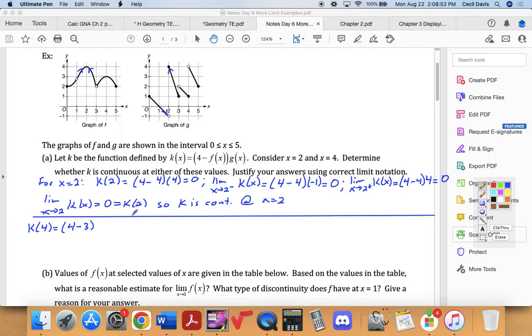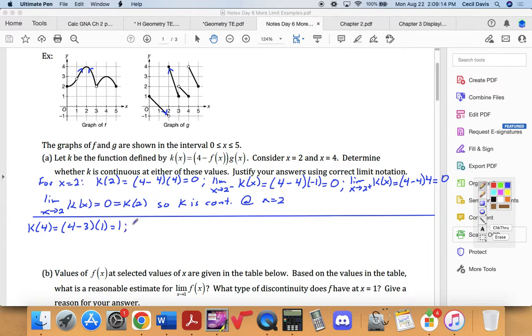What is g at 4? 1. So that's 1. So the function k exists at 4. I shouldn't say the function because we've got 3 functions going on here, right? It's one of those things where you have to be careful to identify which one you're talking about.